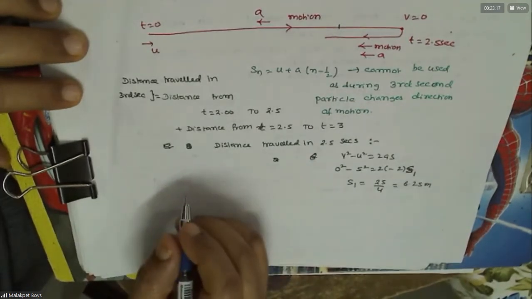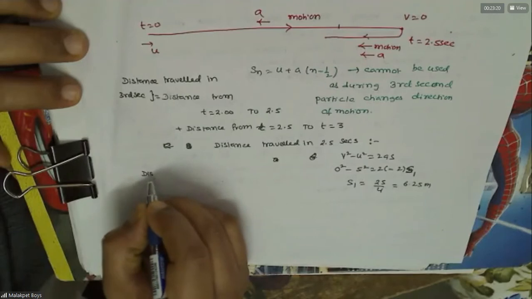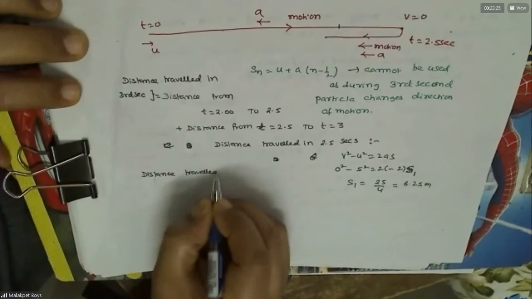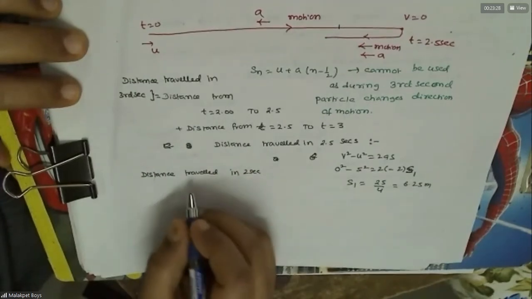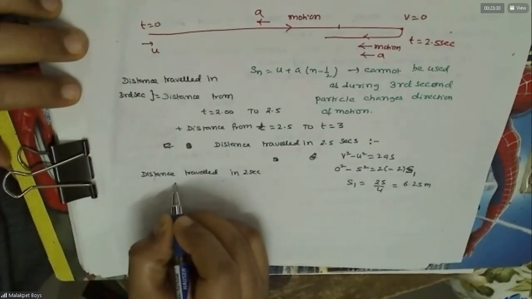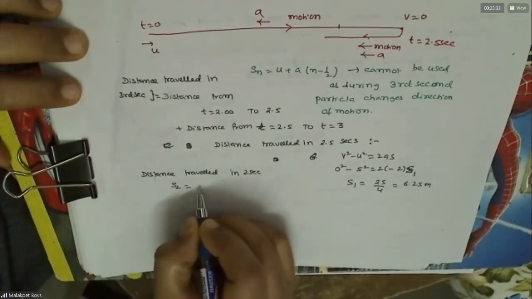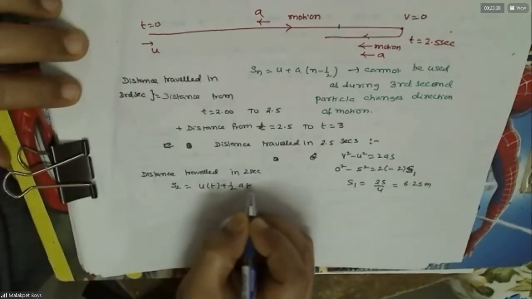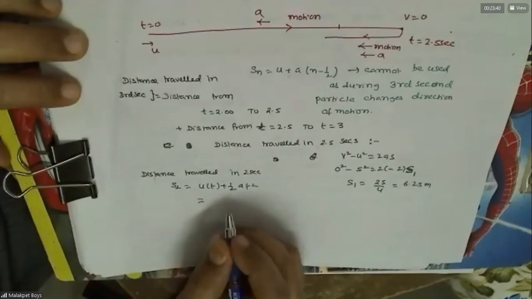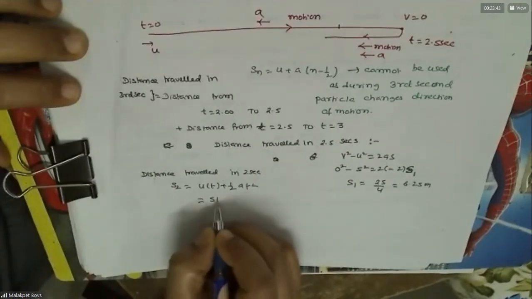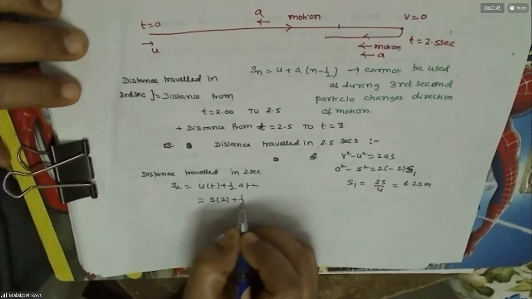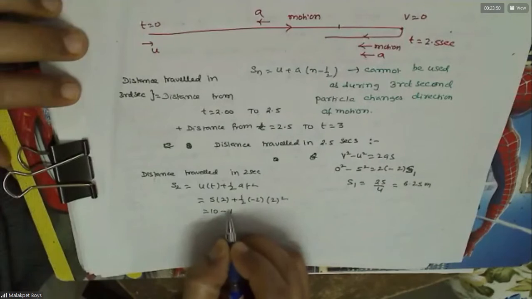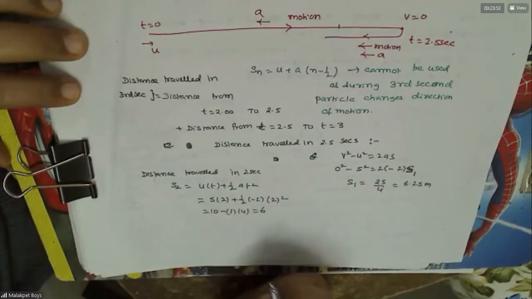Understood, isn't it? Now the distance traveled in 2 seconds you can find, so that is nothing but ut plus half a t square. U is how much? 5. 2 seconds plus half minus 2, minus, this is 6.